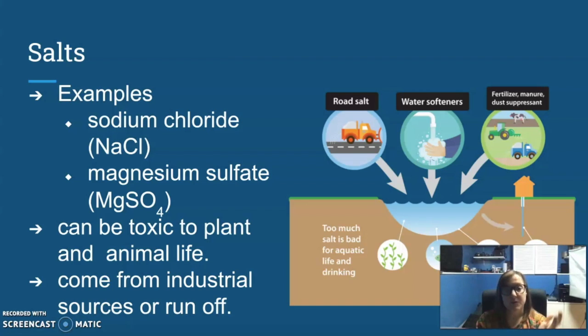We salt the road because when we salt the road, it actually decreases the freezing point, which means that it'll melt faster. But where does all that salt end up? The salt goes into the water systems. And when it goes into the water systems, it's not good for aquatic life, but it's also not good for us to drink. So we need to be really careful with what we're putting into our water supply, is in general what we should be looking at throughout this whole unit.